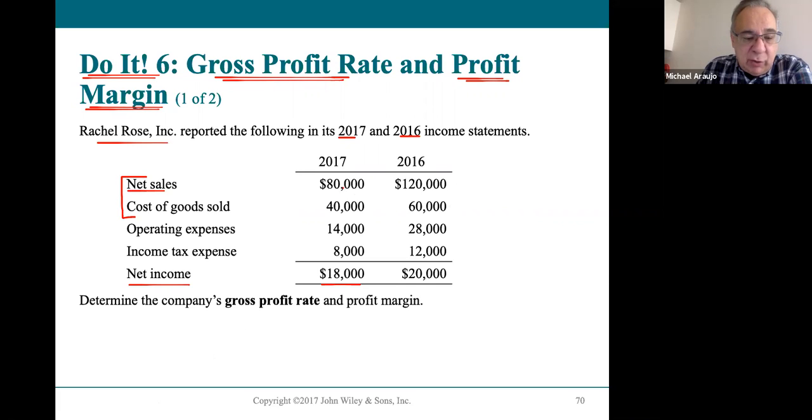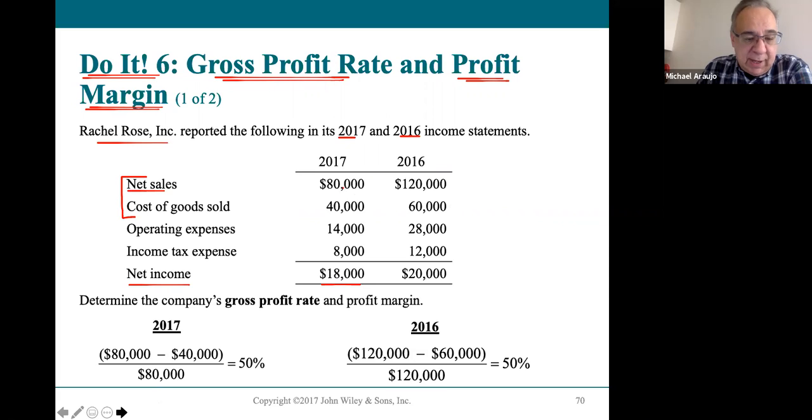So again, to do the gross profit, your book gives you the answers here. For 2016, the gross profit rate is gross profit over sales. And as you see, for both years, it's still a 50% gross profit rate.